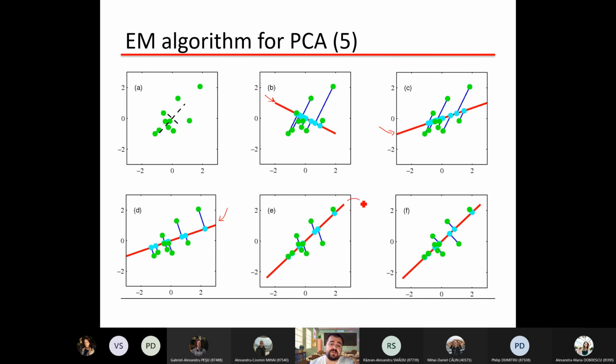Then we re-estimate the subspace. And finally, when we do the projection, we will get to convergence. This is, however, a happy scenario, because in reality there will be a lot of steps until you reach this point of convergence. Do you have any questions?